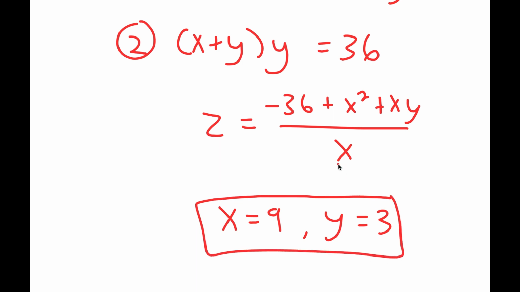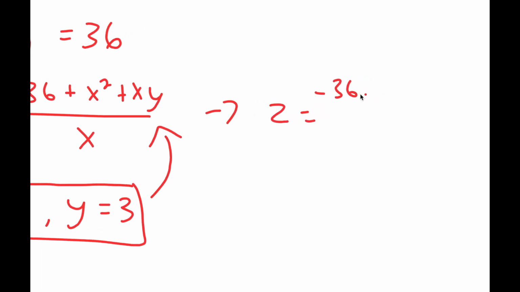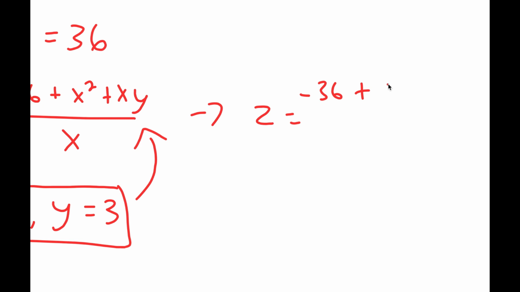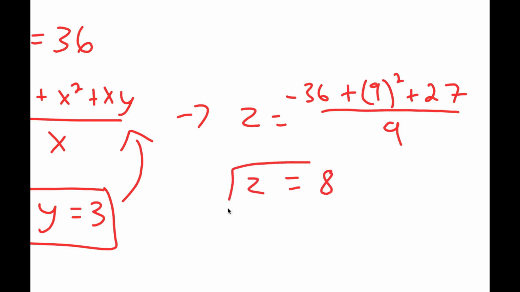So now we can use this to solve for the rest of the variables. If x equals 9 and y equals 3, I can first plug into this formula: z is equal to negative 36 plus 9 squared plus 9 times 3, which is 27, over 9. This turns into 8, so z is equal to 8.